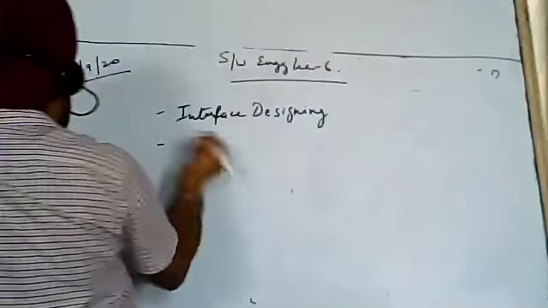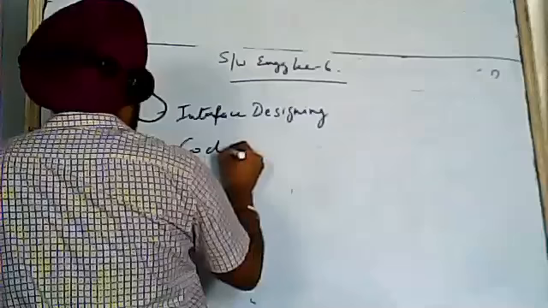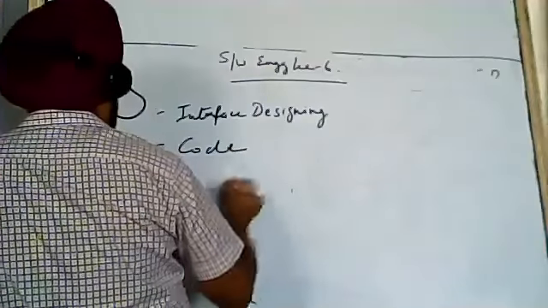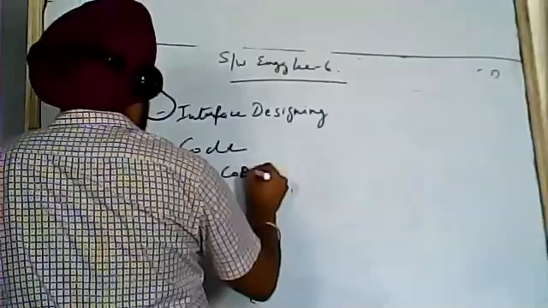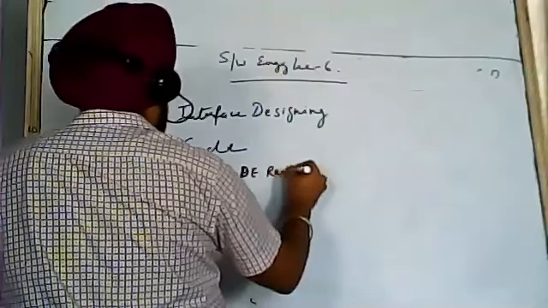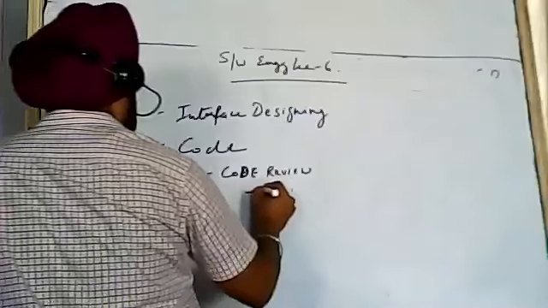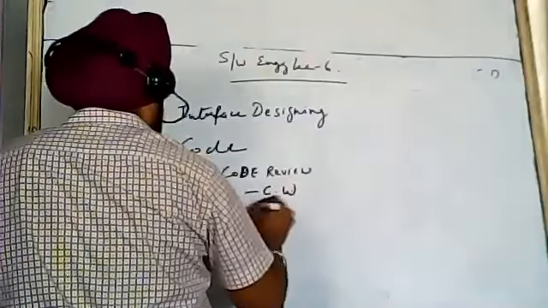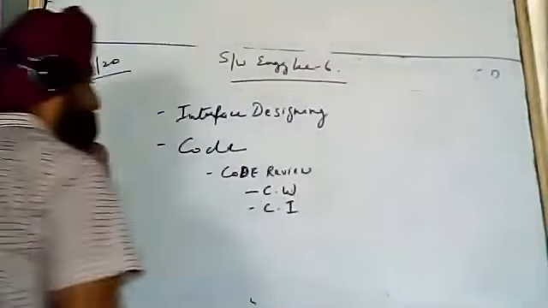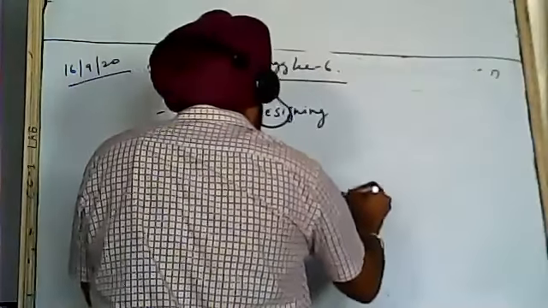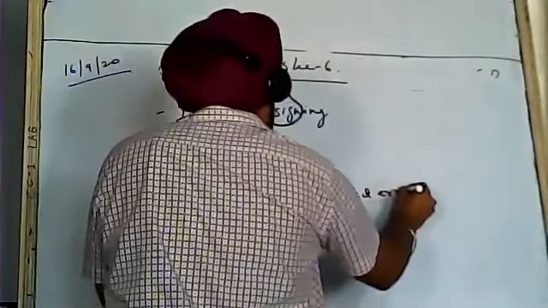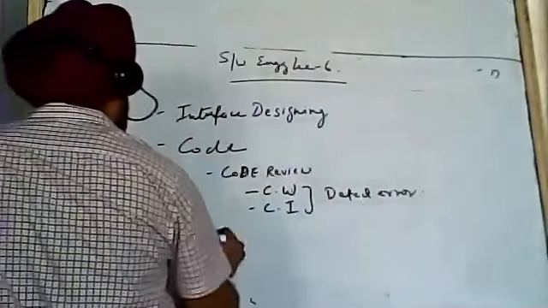After interface designing, we have to write the code. Then under coding, we have to do the code review. In code review, we have code walkthrough and code inspection. Errors are found; we detect the errors through this method. Then debugging is done.